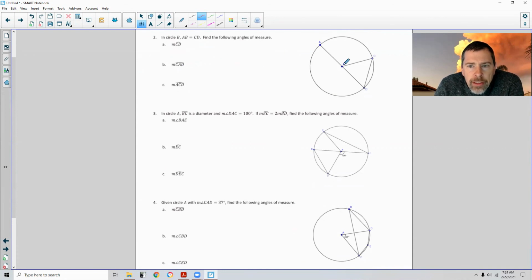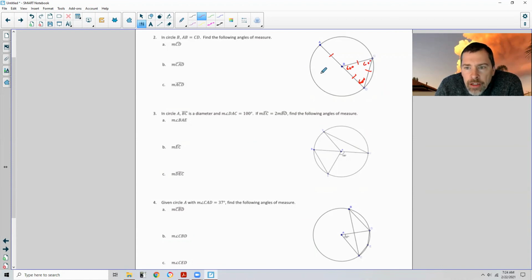In circle B, AB equals CD. Okay, so this is a radius. This is a radius. I'm sorry, it's equal to the radius. This is a radius, and this is a radius. So we have an equilateral triangle. So this is 60 degrees, this is 60 degrees, and this is 60 degrees. There's our Q there.